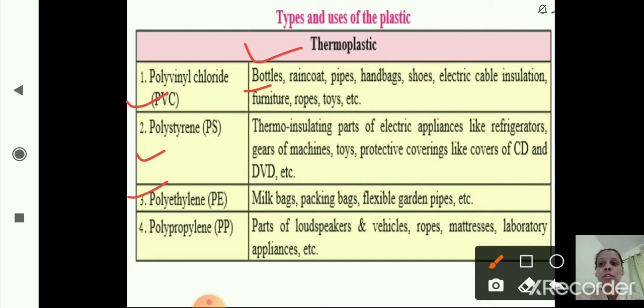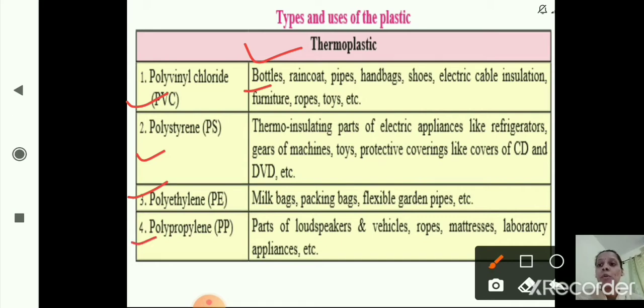It is used to make milk bags, packing bags, flexible garden pipes, etc.